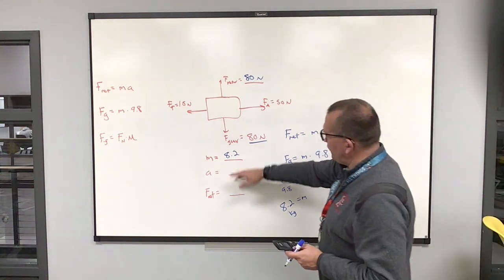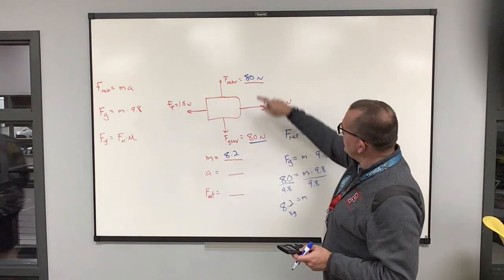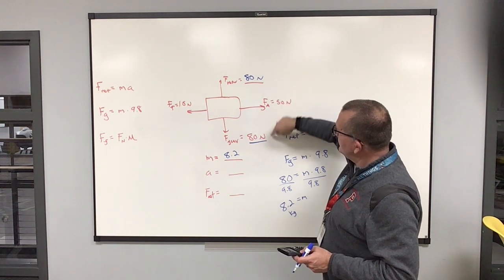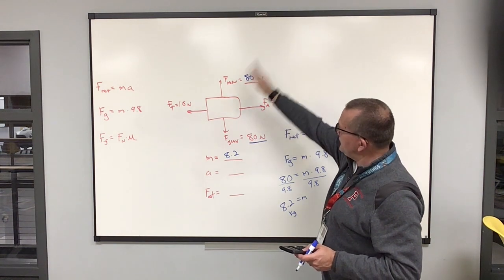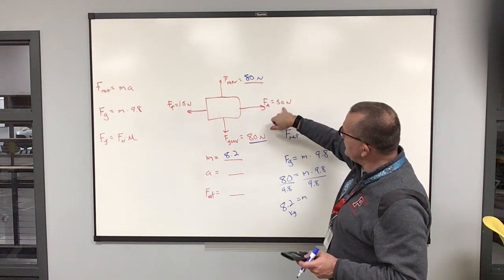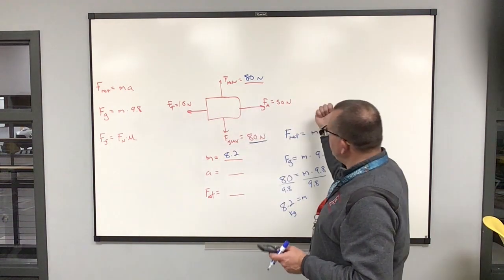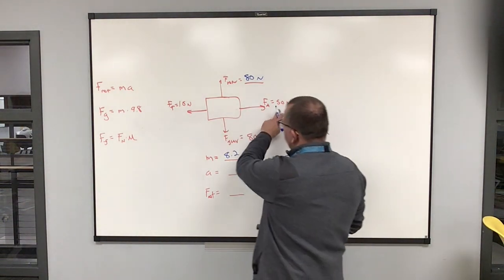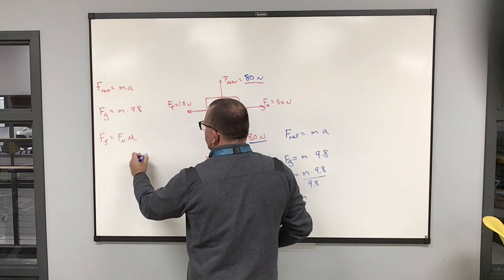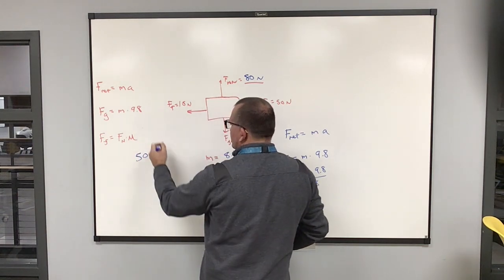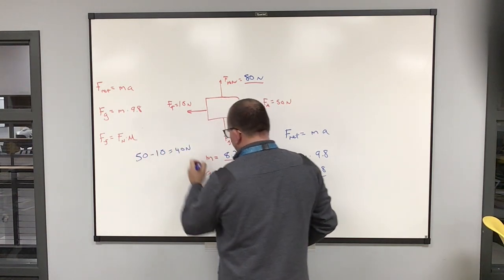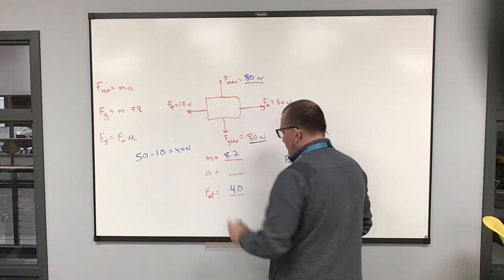Now I want to find net force. And that's just like what we did previously. Here, 80, 80. It's the same. So my net force in the vertical is 0. Horizontal, I got 50 this way, 10 this way. So I add them up. 50 minus 10, because 10's going left, gives me a net force of 40 newtons. Net force is 40.